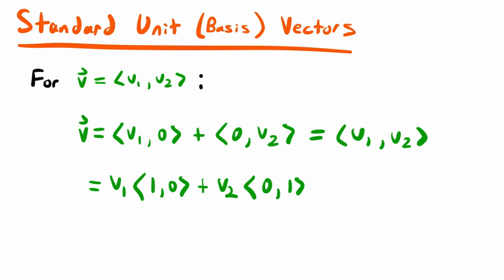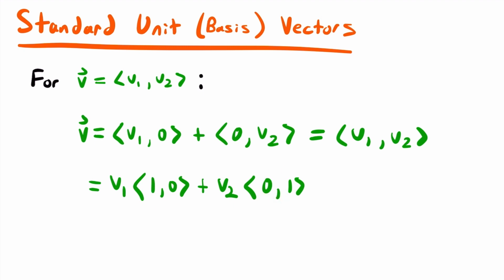We can do that because if you multiply these scalar multiples back through the vectors, v1 times 1 is v1, v1 times 0 is 0, v2 times 0 is 0, and v2 times 1 is v2. So by pulling out those scalar multiples, notice what we have here. We have a scalar of v1 times a position vector of the point 1, 0, plus another scalar multiple times another position vector of the point 0, 1.